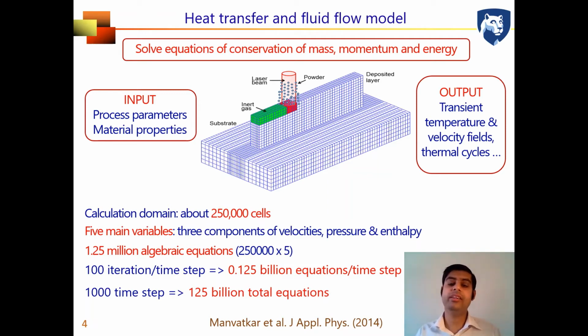And how long does it take? In an inexpensive laptop, you can do that in 10 minutes. After 10 minutes, you will get all the things that you need, the 3D transient temperature, velocity fields, thermal cycles at any locations. I can give you one example of that.